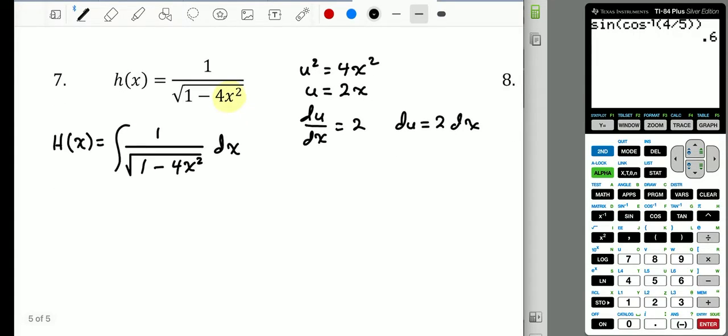So we have the substitution for the 4x squared. Now, as far as du is concerned, we want to replace a 1 dx rather than a 2 dx, so I'm going to divide both sides by 2 and then make that substitution.